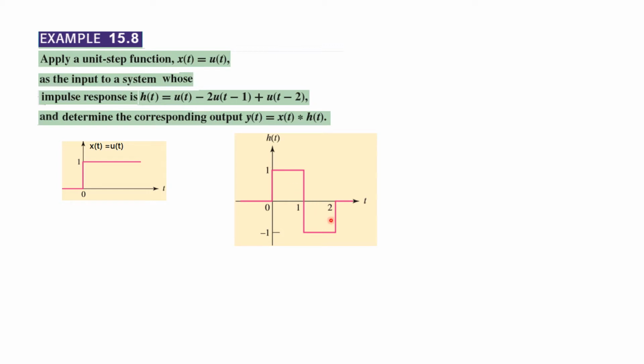If you don't understand how we got this from these terms, go and watch my previous video titled 15.5 bracket 3. These are the two terms that we have to convolve, and we used this formula, x(z) h(t minus z). This means that we have to shift the h term, so we shifted this term in the previous video.